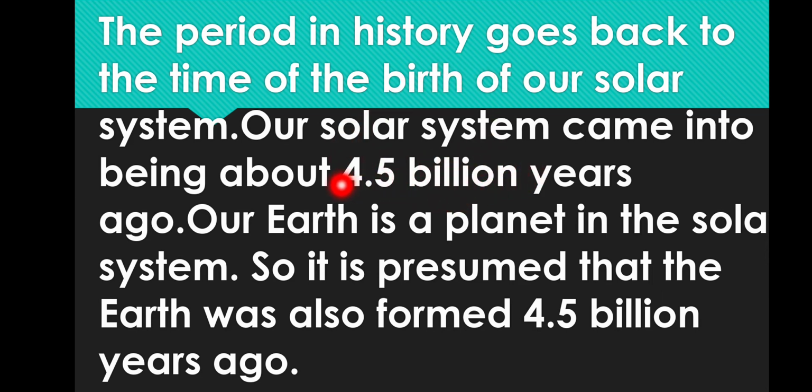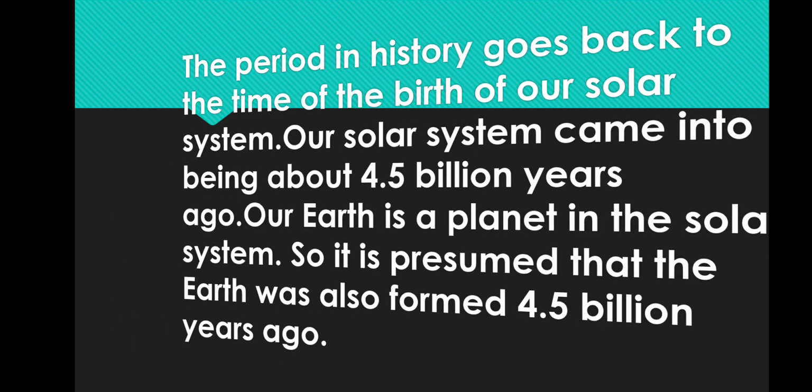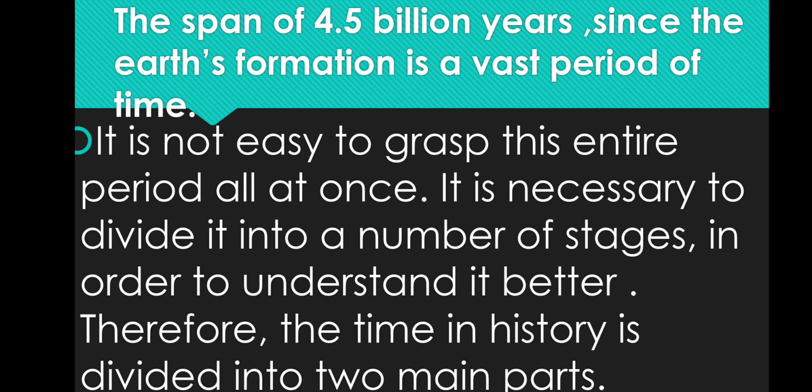If the solar system came into being 4.5 billion years ago, then definitely our Earth was also formed 4.5 billion years ago. The span of 4.5 billion years since the Earth's formation is a vast period of time.